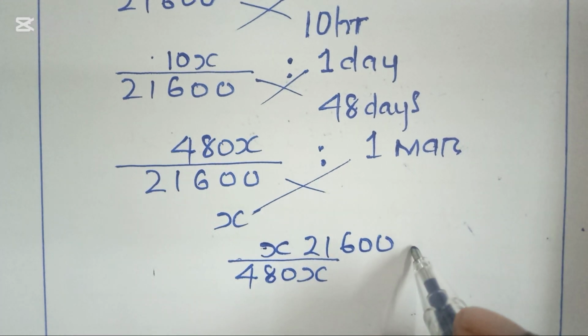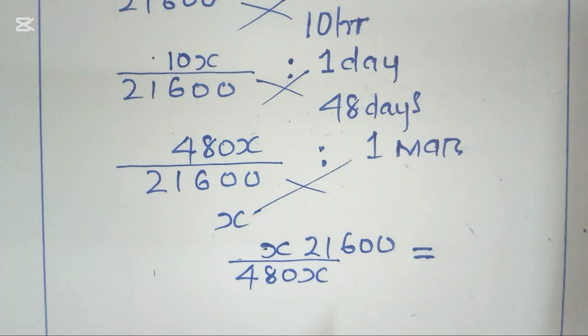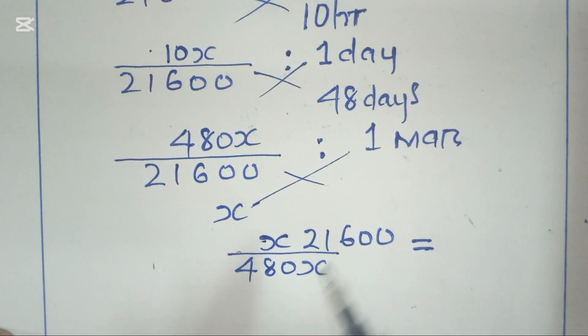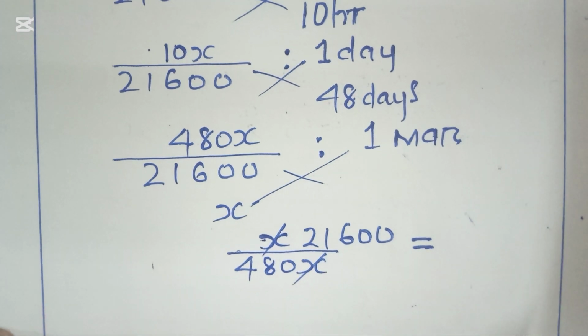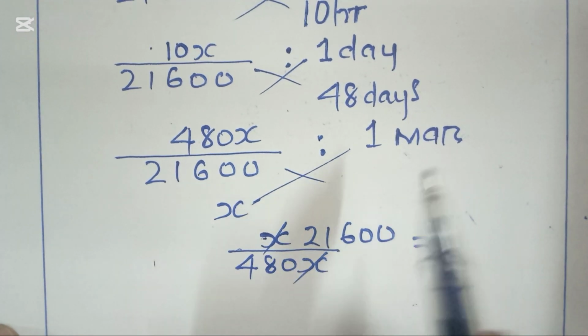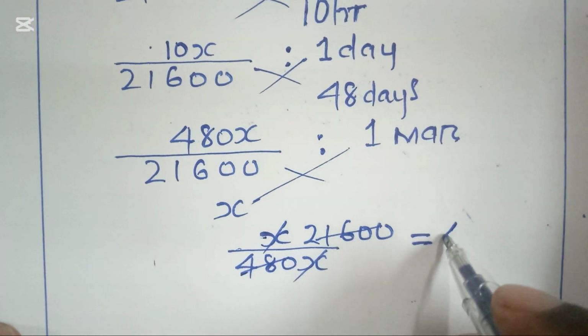This is now equal to the number of men required, including the 40 men we talked about. So the x can cancel. Guys, if you divide 21,600 by 480, this will give you 45.